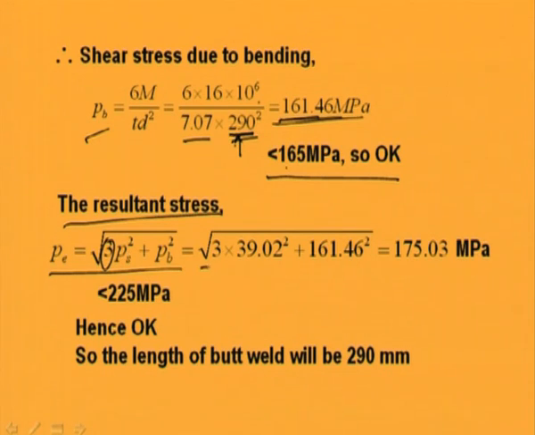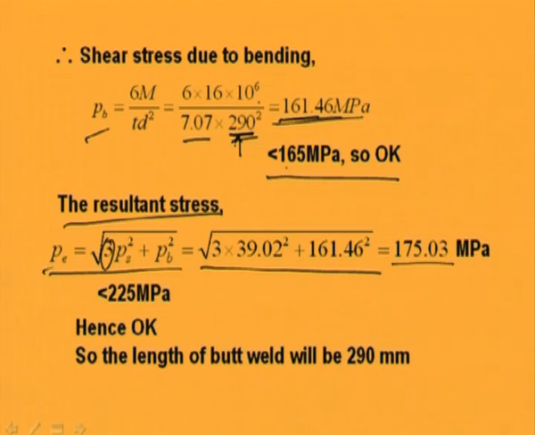If we put the values of PS and PB in the equation, that is 39.02 and 161.46, then the resultant is coming 175.03 MPa. So the resultant stress PE is coming 175.03 MPa. This is the maximum stress developing at the extreme fiber, at the extreme end.